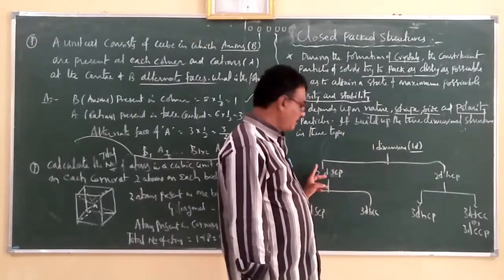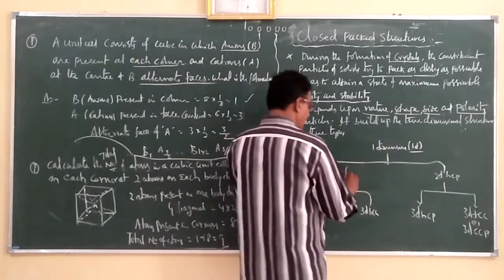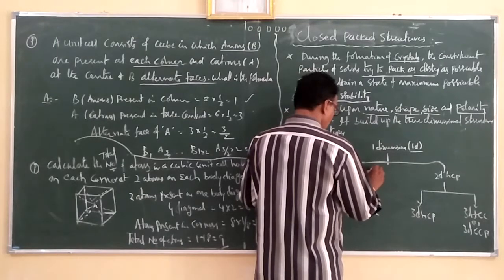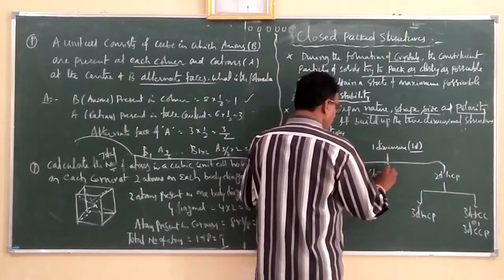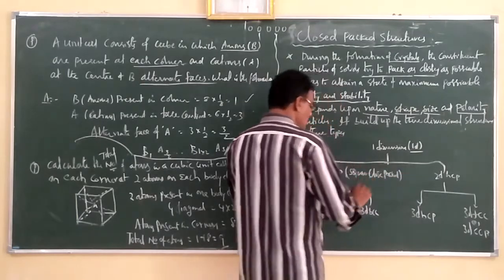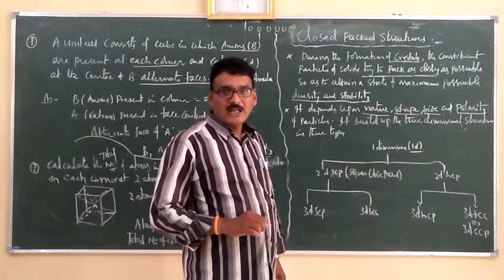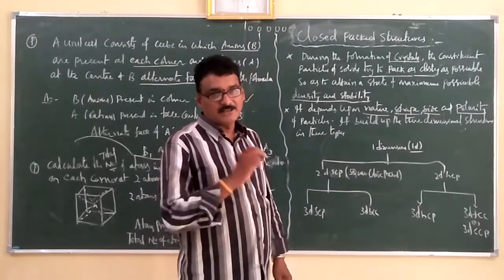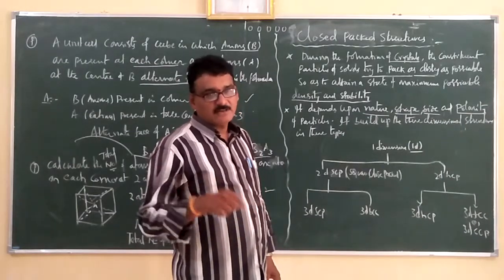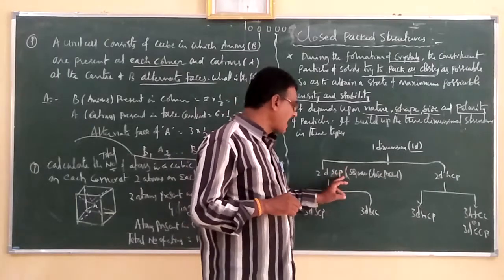Number one is two-dimensional square closed packed structures. So the two-dimensional comes from one dimension. Starting from one dimension, they are divided into two types. First is two-dimensional square closed packed structures.